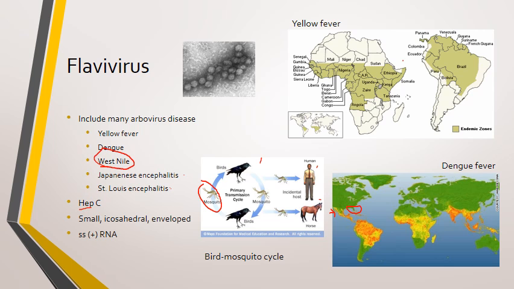Now, the other guy that's part of this that we've heard of here in the Northeast is West Nile. West Nile, we know that, and here's our group here. West Nile, we know, is maintained in a bird mosquito cycle. So birds, mosquitoes, there is a reservoir there that keeps it moving. And then we become accidental hosts, as well as horses, which if you're in the horse industry, that's actually pretty expensive, via the mosquitoes.